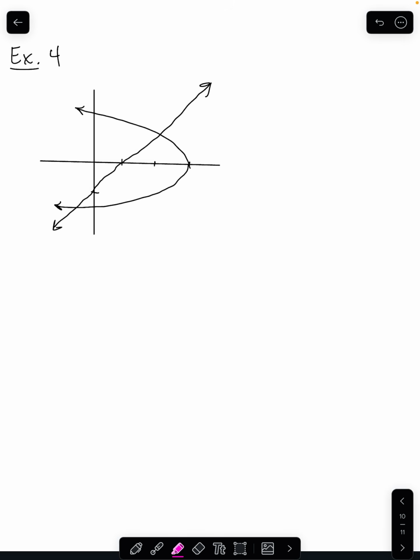This region between these two graphs would have an interesting situation to it.